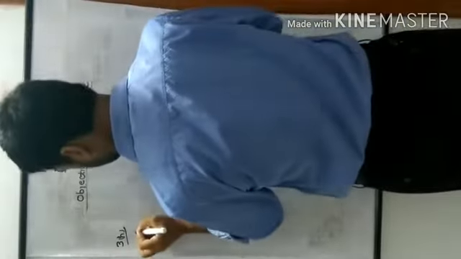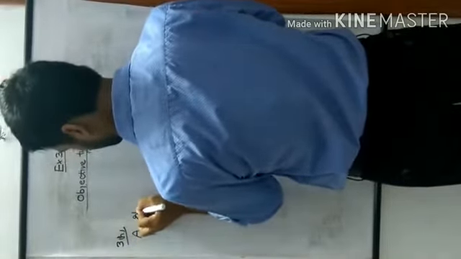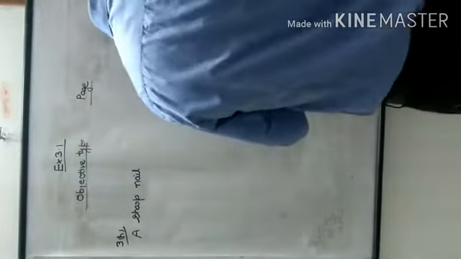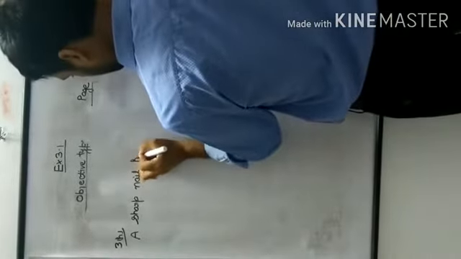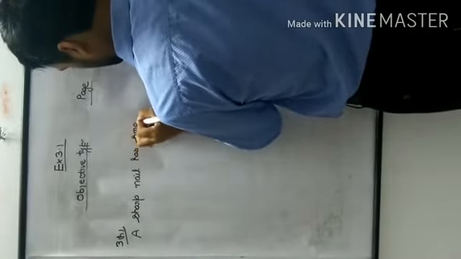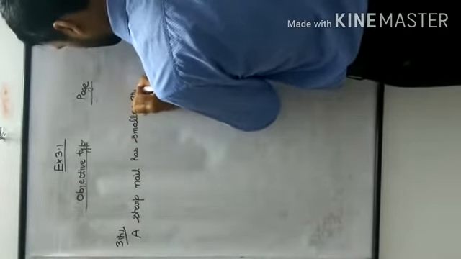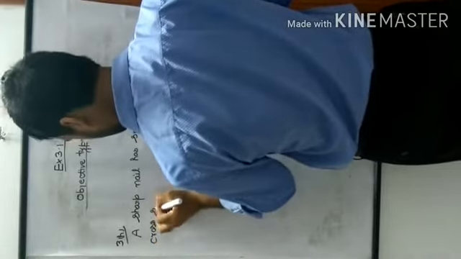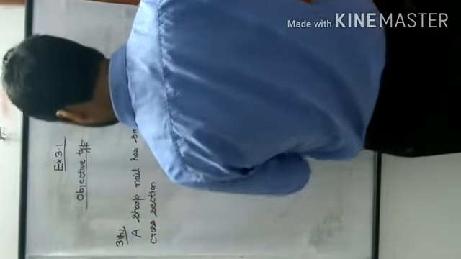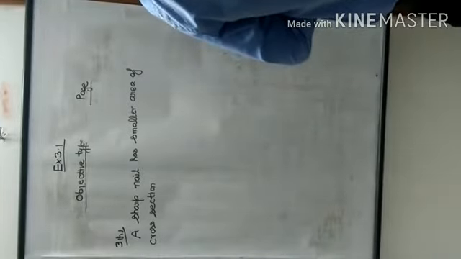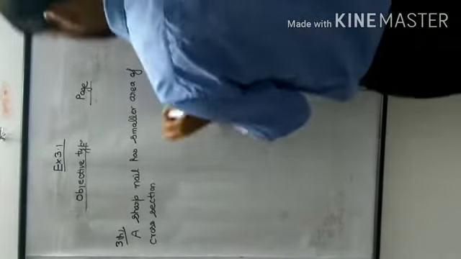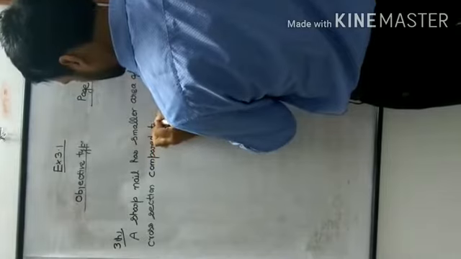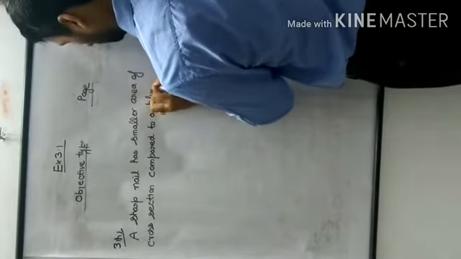So right here, a sharp nail has a smaller area of cross section compared to a blunt nail.